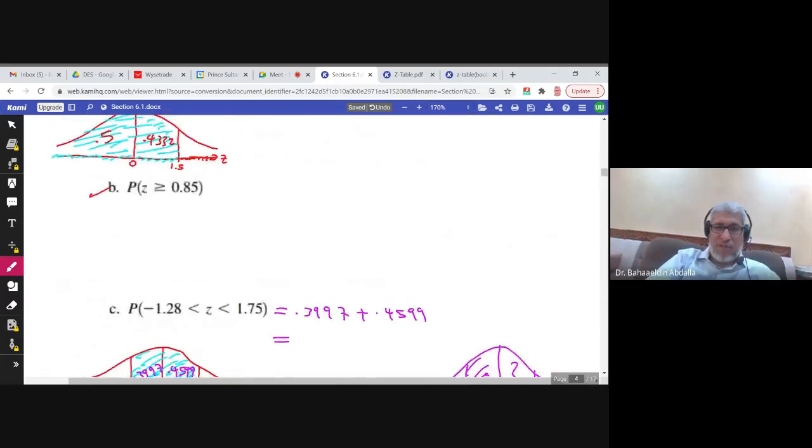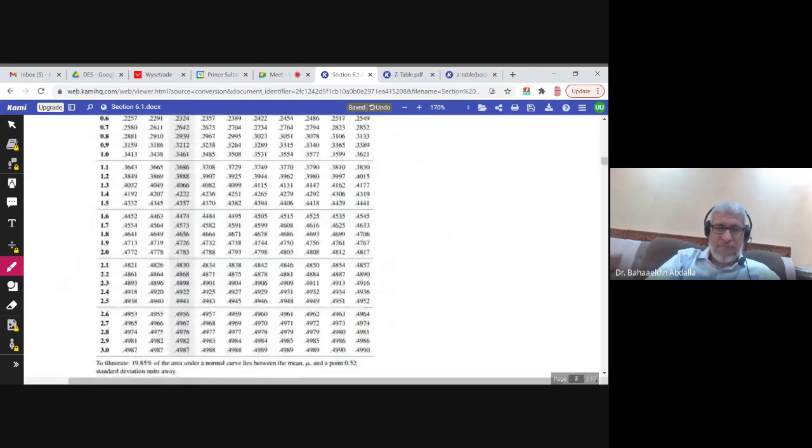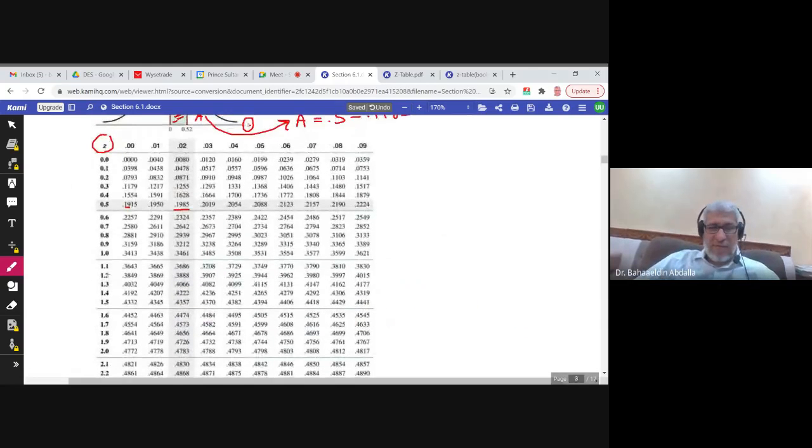Look to 1.645. Well, in the table, I have 1.64, this one, and 1.65. I do not have 1.645. So what to do? If you need 1.645, you take the middle area, okay? If you take the middle area between these two numbers, this means you find the average.